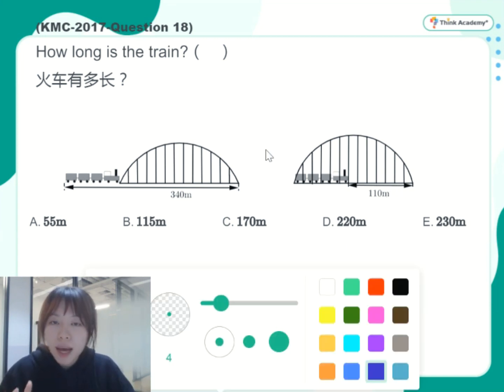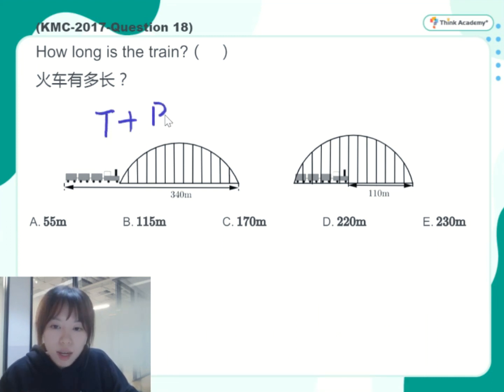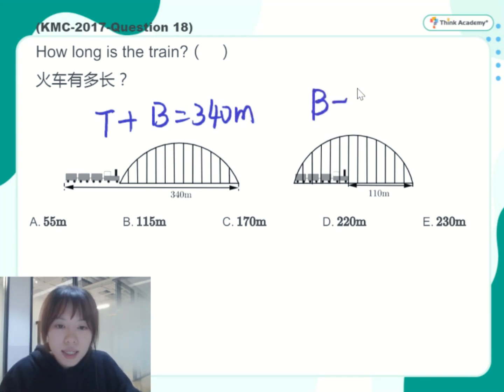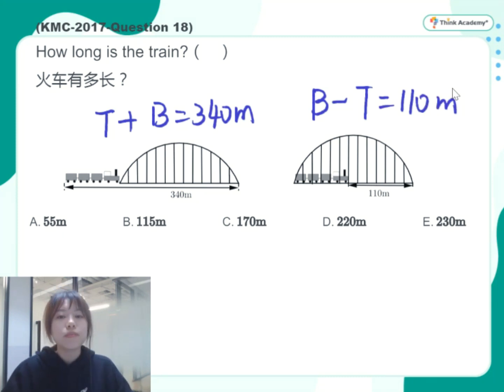If we use math language, it's train plus the bridge equals 340 meters, and this one is bridge minus train, 110 meters. So we know the sum, we know the difference. This actually belongs to the word problem of sums and differences.